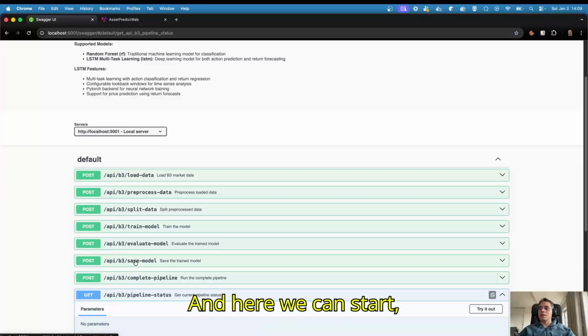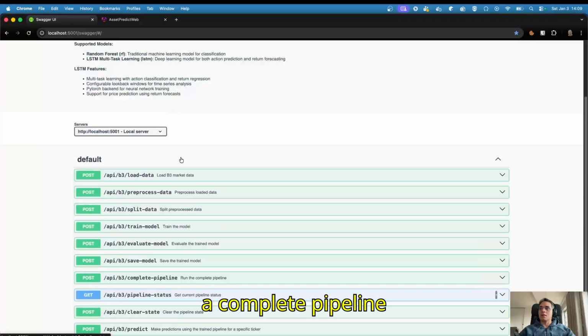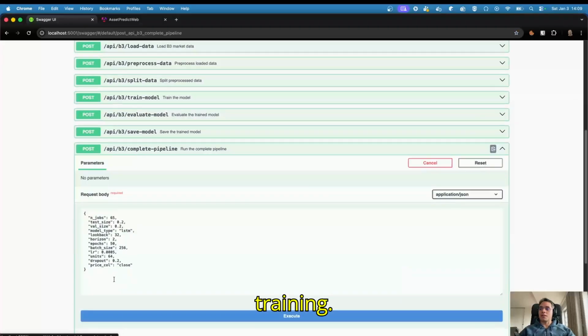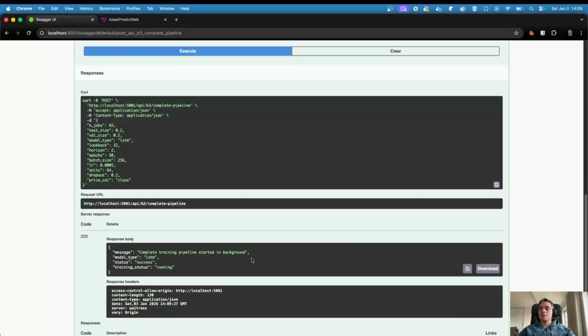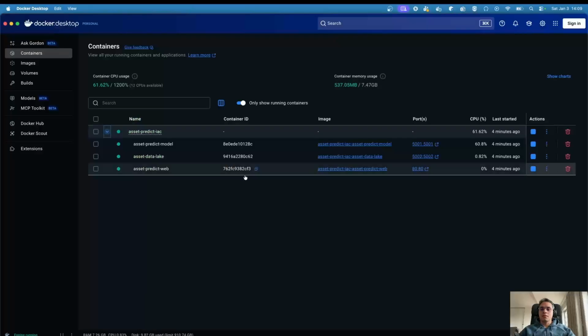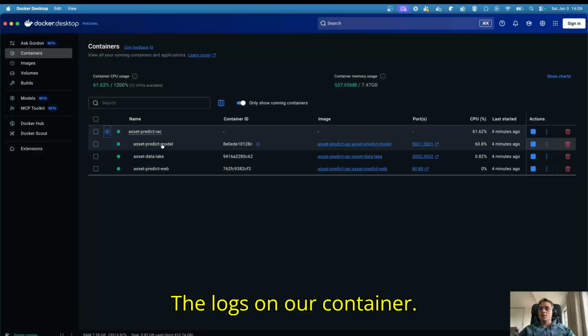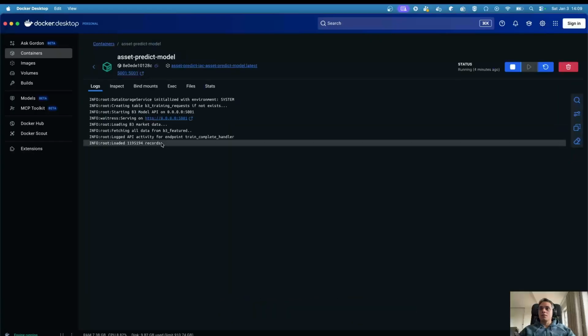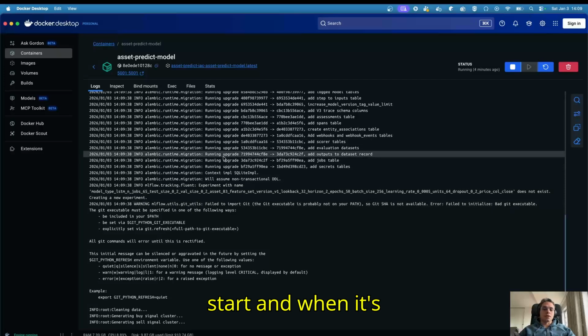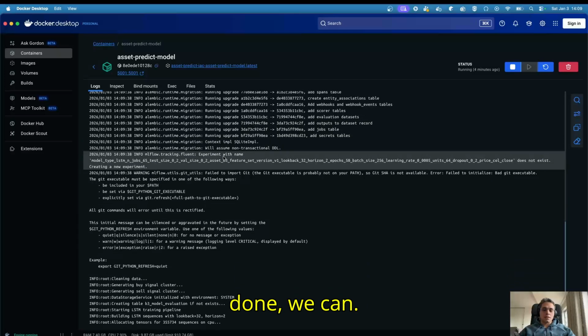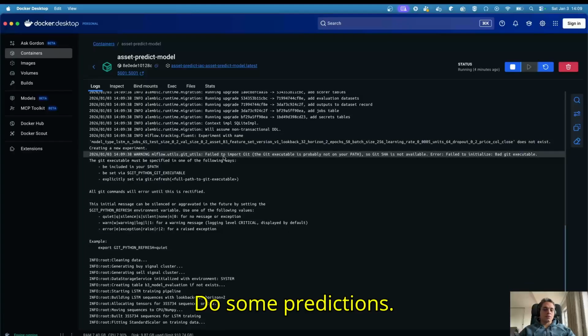And here we can start complete pipeline training. Let me execute this. And we can see the logs on our container. So the training will start. And when it's done, we can do some predictions.